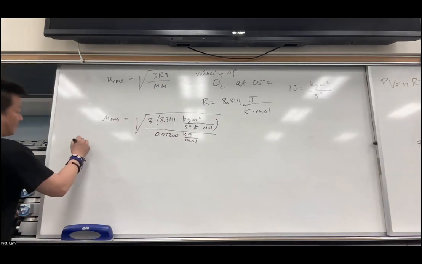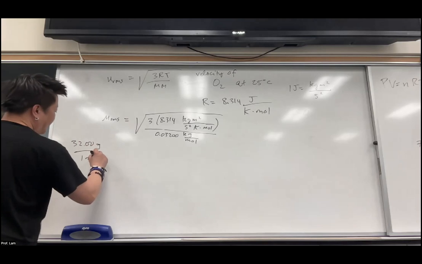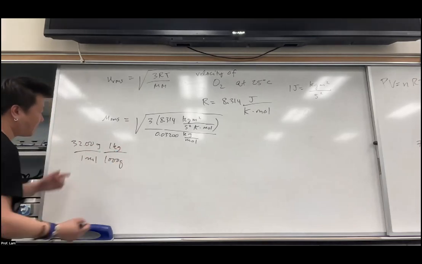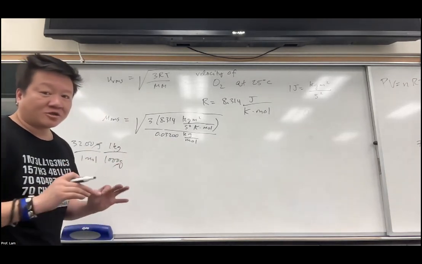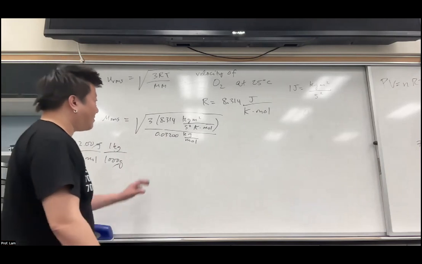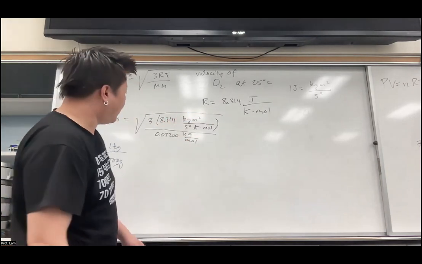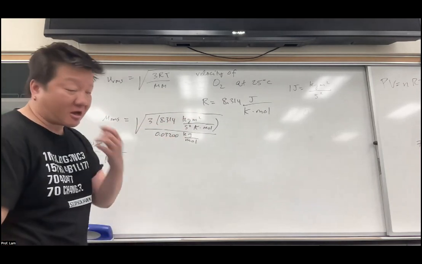Okay, right? 32 grams per mole, we have to divide by 1,000 grams to get to a kilogram, right? And so that's why it's okay. So that's the two things you need to keep in mind when you're using this equation: your R is 8.314 and your molar mass should be in kilograms per mole, not grams per mole.